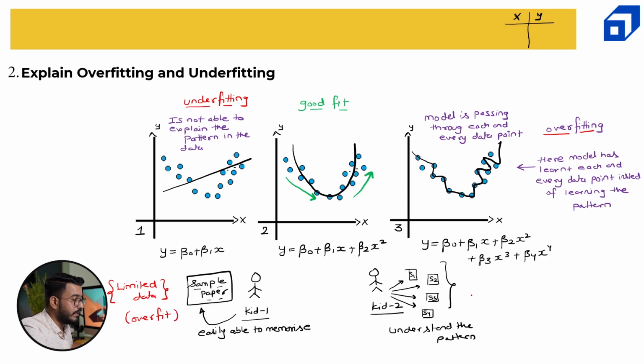And when you provide variety of data, maybe the data which is having a lot of variance, then it is hard to overfit. So if you have understood this example, I hope you got the clarity regarding what are the necessary measures you can take to avoid overfitting and to avoid underfitting.